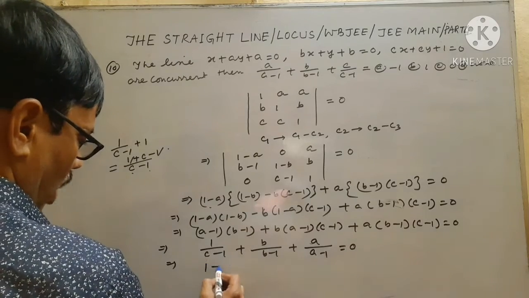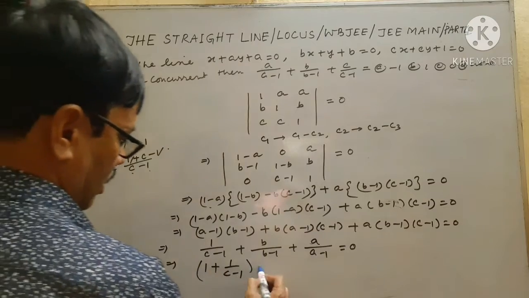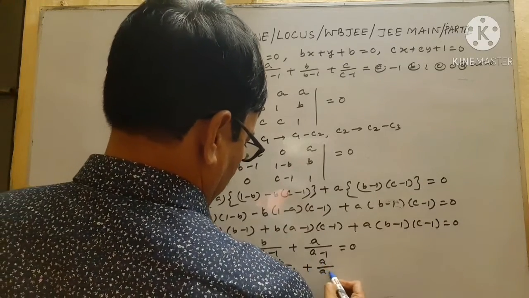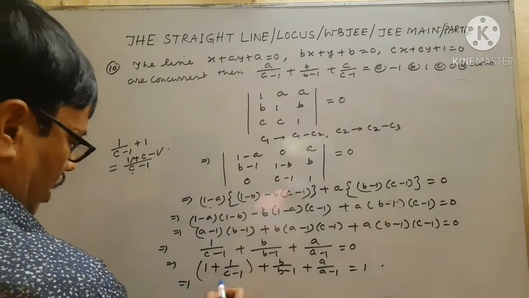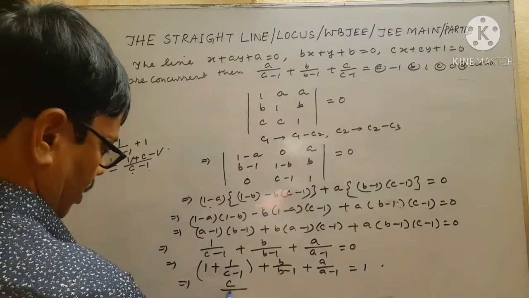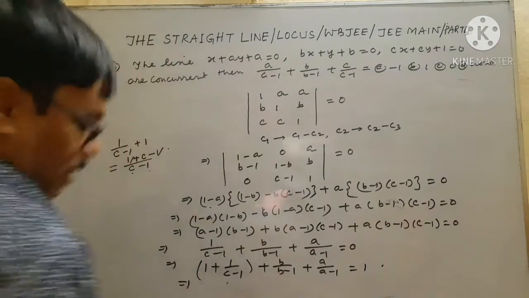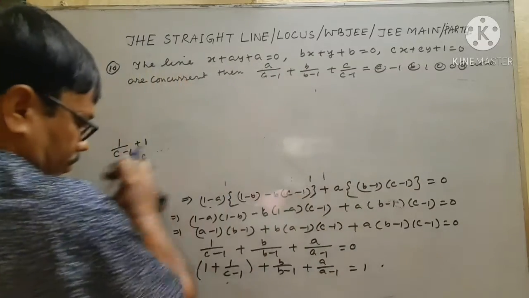So adding 1, this one unchanged, this one unchanged. So C minus 1 plus 1, so C by C minus 1. After this step, look what we are getting.